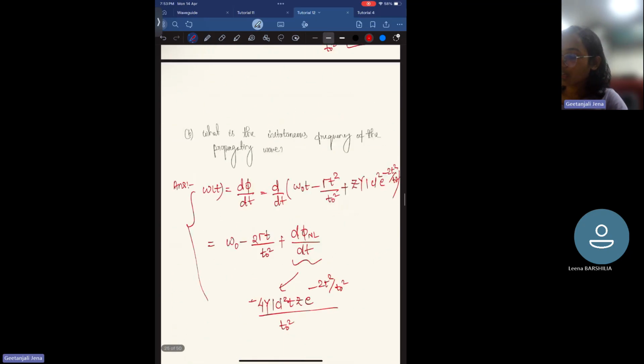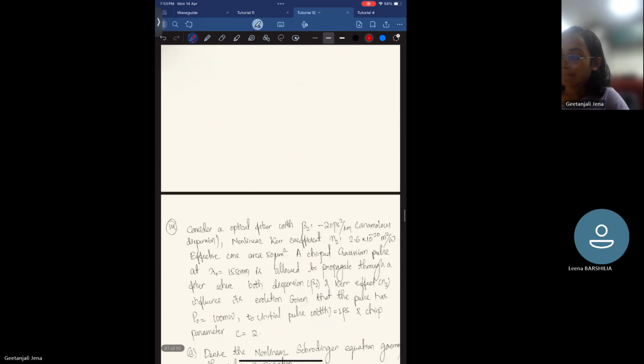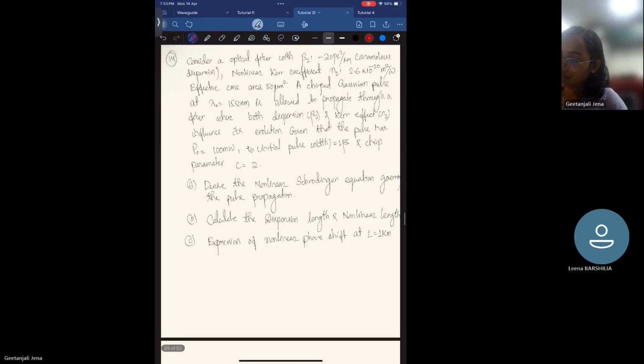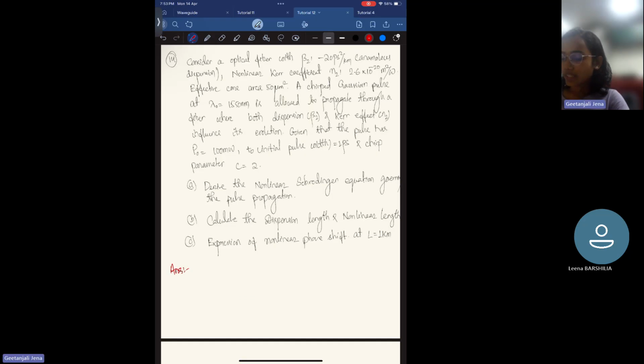Okay, so let us move to our last problem. It says consider an optical fiber with beta 2 given, which is negative, which means it's an anomalous dispersion region. This is minus 20 picosecond square per kilometer. The nonlinear Kerr coefficient n2 is 2.6 times 10 to the minus 20.